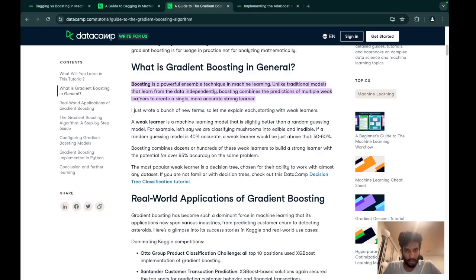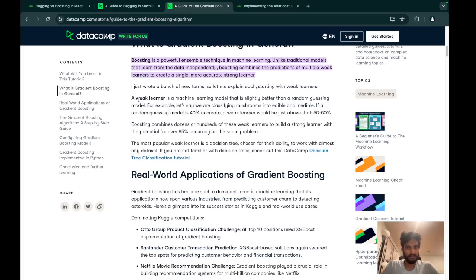A weak learner is a machine learning model that is slightly better than a randomly guessing model. For example, let's say we are classifying mushrooms into edible and inedible. If a random model is 40% accurate, a weak learner would be just about 50-60%.